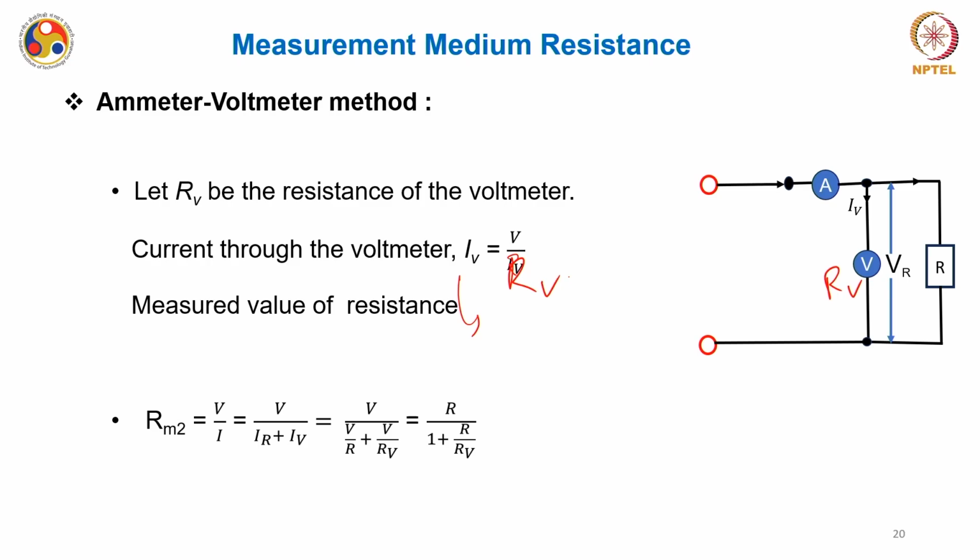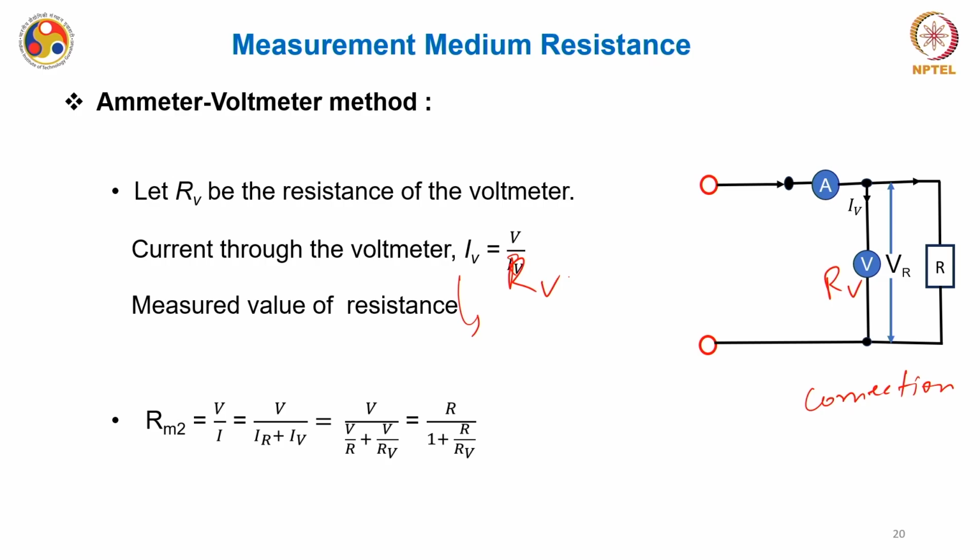Now the measured value of resistance in this case, connection 2, I am calling RM2, okay. The measured value can again be calculated using Ohm's law, which is V by I, the voltage dropped divided by I. So the RM2 value will be equal to V, because the voltmeter is representing the correct value, divided by IR plus IV.